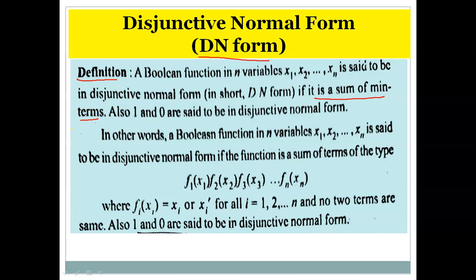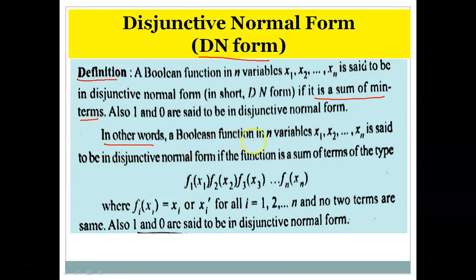If a Boolean expression is expressible as a sum of minterms, then we call it in disjunctive normal form, or DN form.